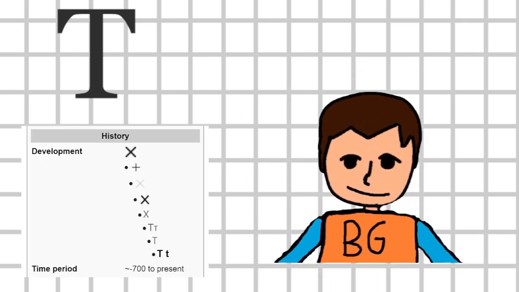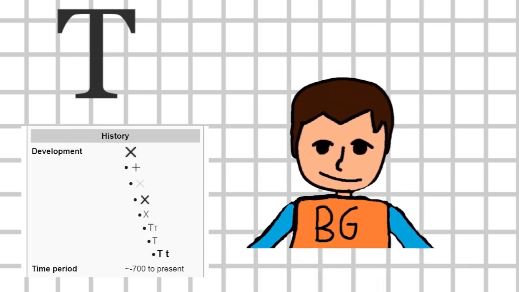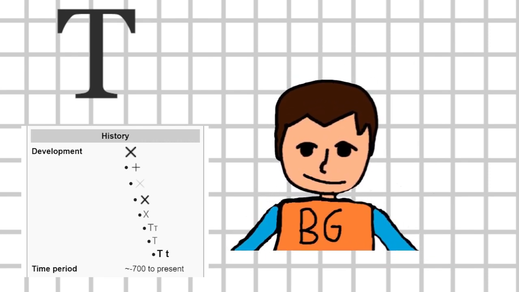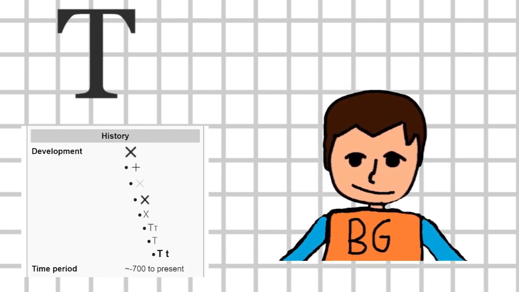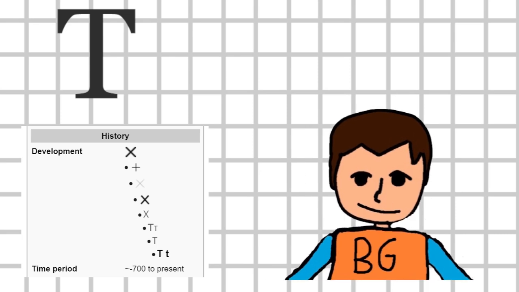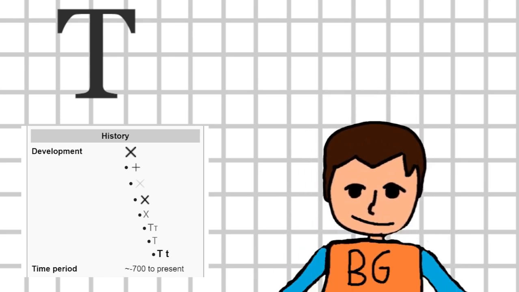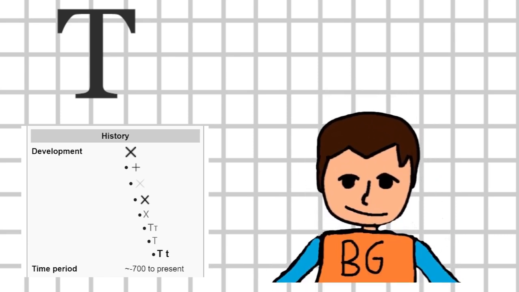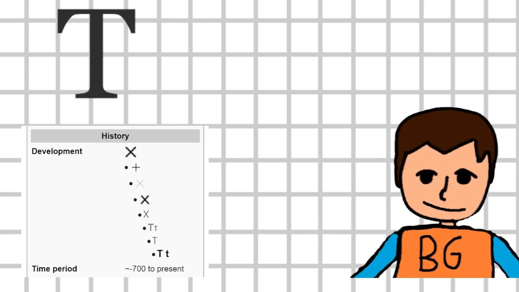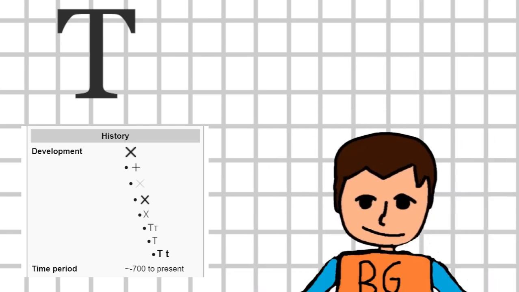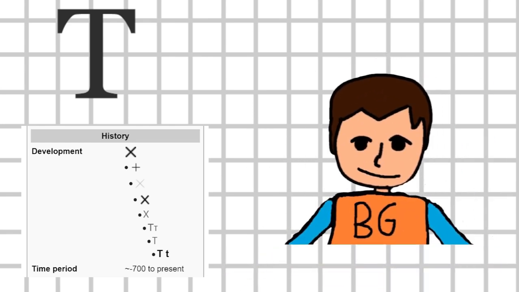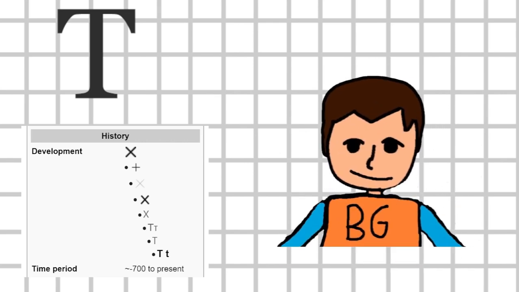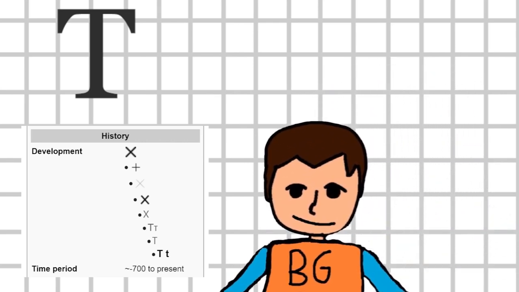So here is T's evolution. It started off in Egyptian with this X-like character, and then the Phoenicians took it and rotated it a bit, right? And in between we also had some later different distinctions for T here, but what matters is the modern T.